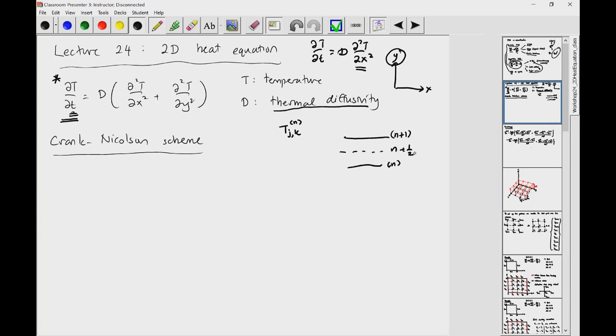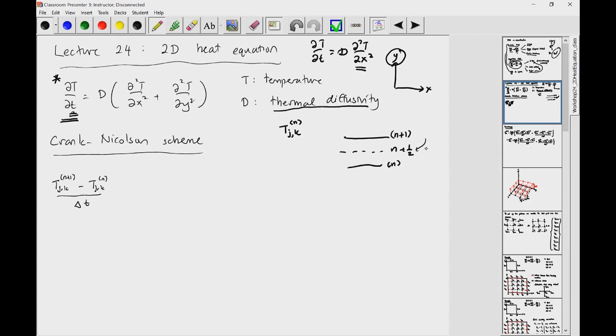So if you take it at the midpoint, your central difference scheme for the left-hand side will be T_jk at time level n plus 1 minus T_jk at time level n, divided by delta t. This will look like your typical forward difference scheme, but because it's Crank-Nicolson, it is taken at the midpoint.